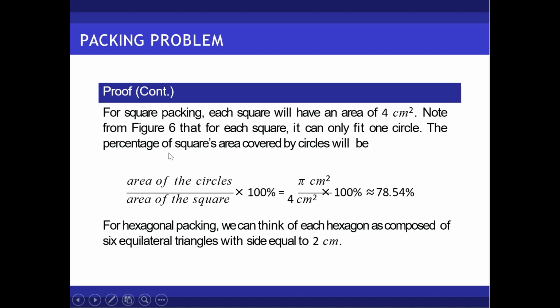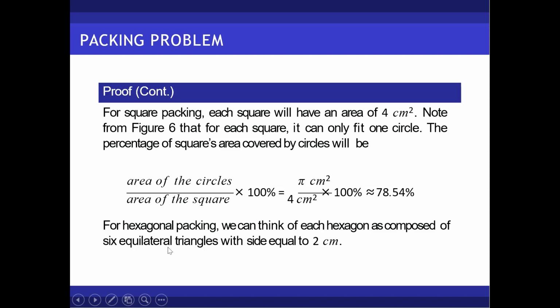To compute the percentage, area of the circles over area of the square times 100%. Substituting, the area of the circle is pi square centimeters over the area of the square, 4 square centimeters, times 100, approximately 78.54%.